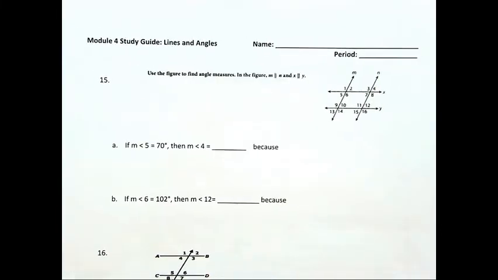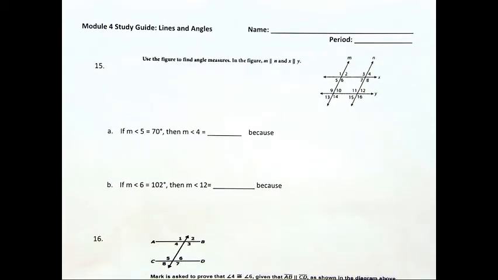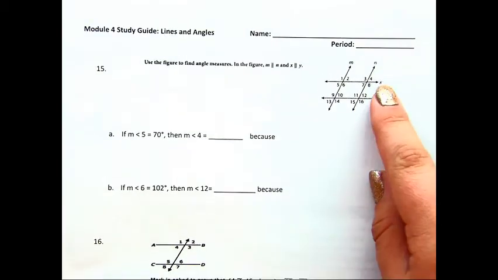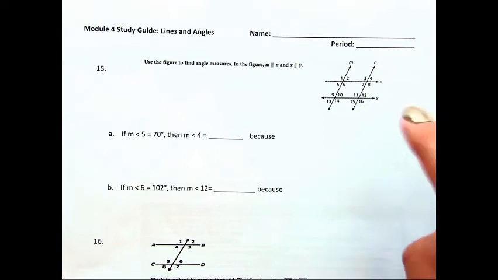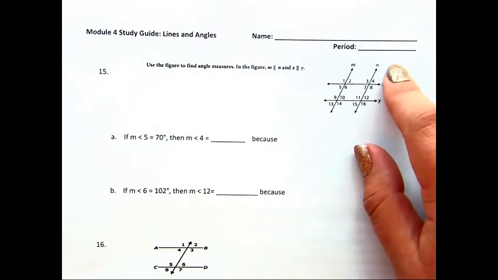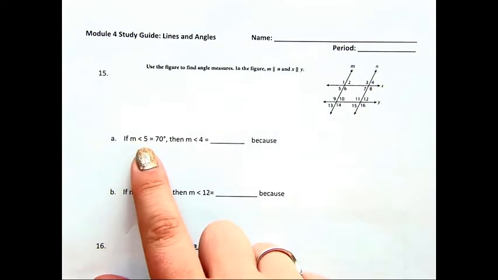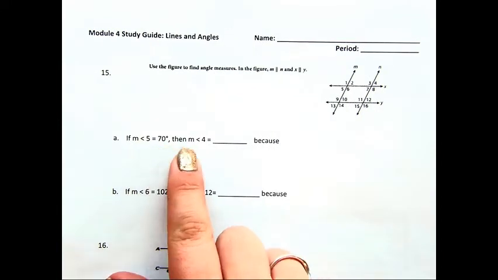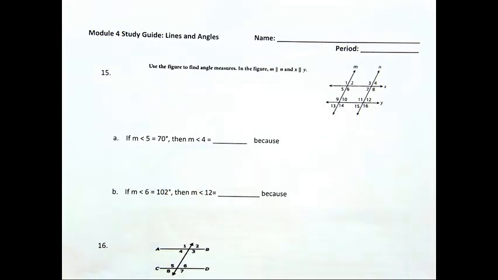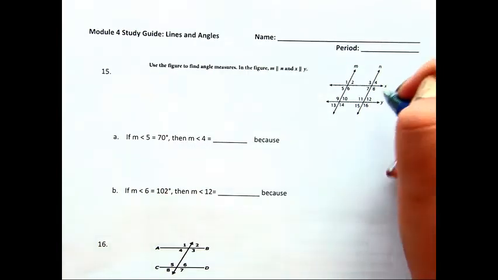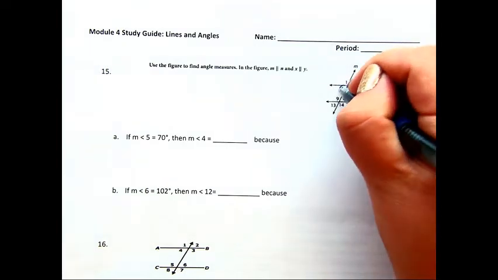Okay, so on this one we have: use the figure to find angle measures in the figure. M and N are parallel, and X and Y are also parallel. So if angle 5 equals 70, then the measure of angle 4 equals blank because, and we're going to give the reason why. So angle 5 is here on my picture.